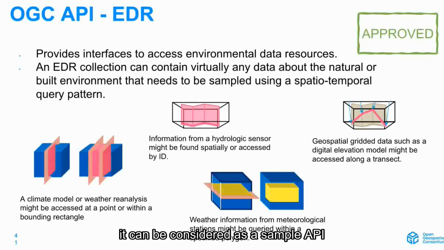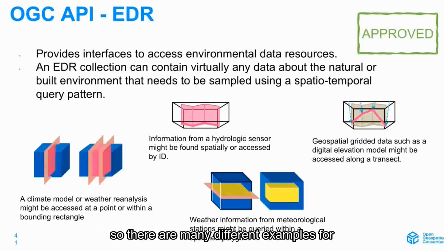It can be considered a sample API, in the sense that you can sample these data sets, which are often continuous data sets. You can sample them by using a space-time query window. So you can use a spatial temporal query pattern to get just one part of this data set.